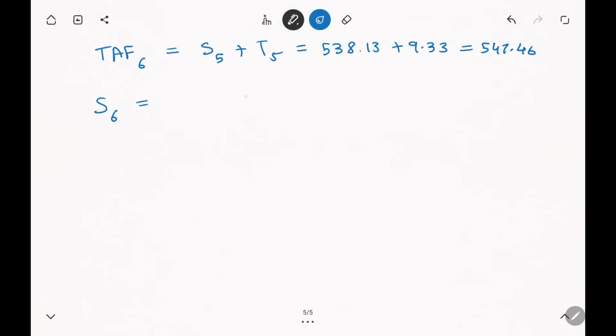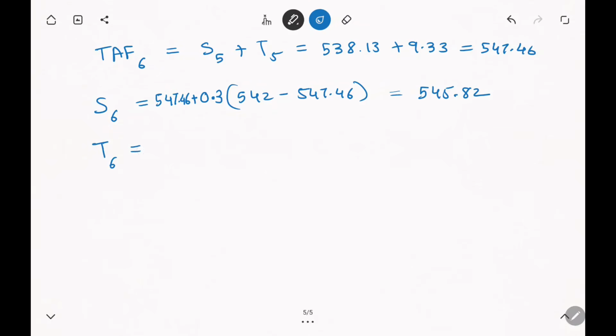So the error will be 542 minus 547.46, which is minus 5.46. So we update the level using alpha equal to 0.3. So S6 will be 547.46 plus 0.3 times minus 5.46. So this will give us 545.82. So that is the level update step.